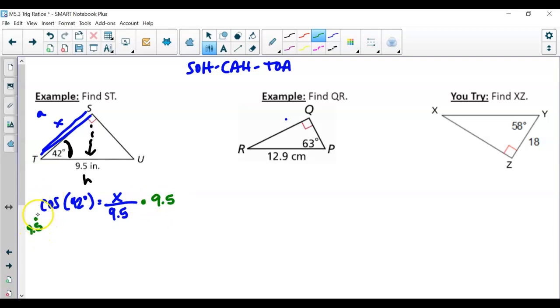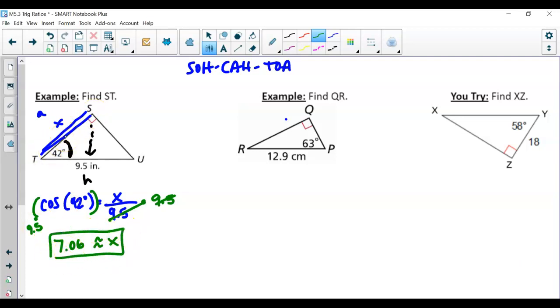Sorry, running out of space here. So x is approximately the length. Again, you're going to put in the calculator cosine of 42 degrees times 9.5, and you get approximately 7.06. So that is the length.